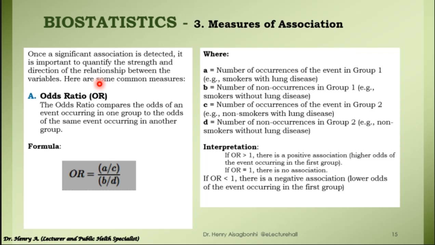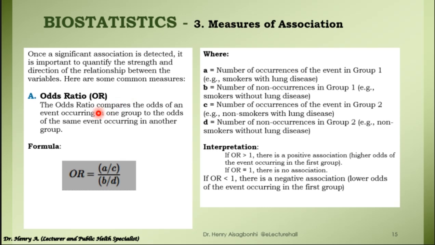Once a significant association is detected, it is important to quantify the strength and direction of the relationship between the variables. Here are some common measures. After you have gotten it, we want to know the strength.